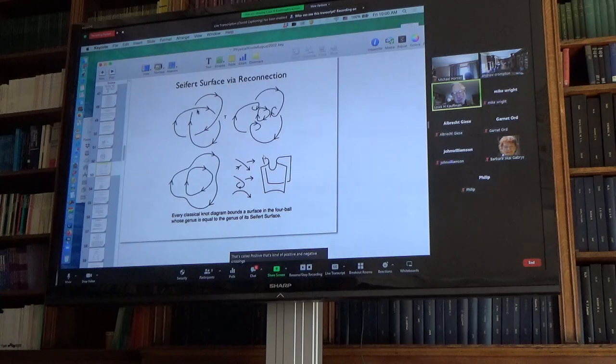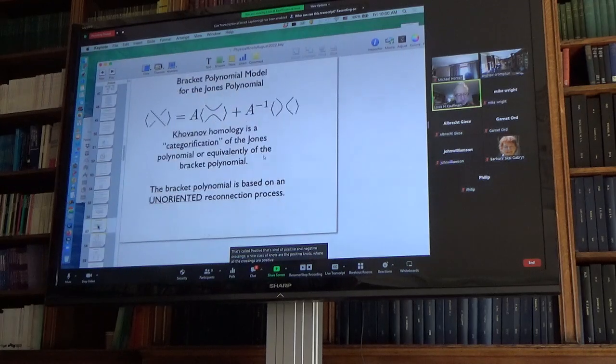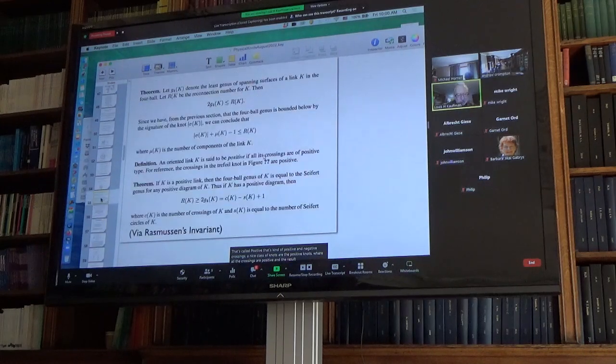Knots can have positive and negative crossings. A nice class of knots are the positive knots where all the crossings are positive. And the result is that the reconnection number of a knot is always greater than or equal to that number, C of k minus S of k plus 1, if the knot is positive.